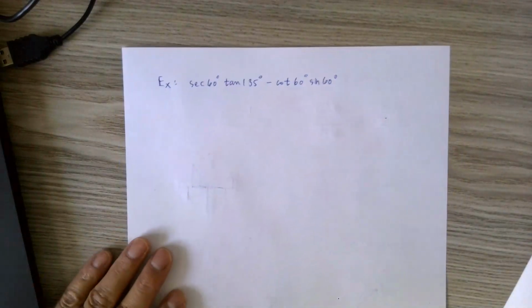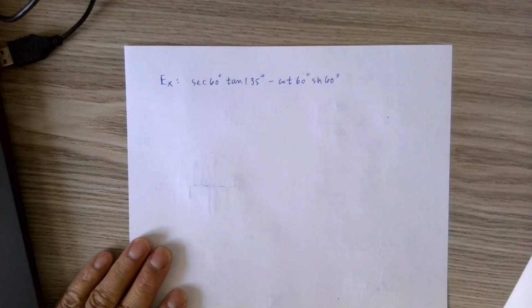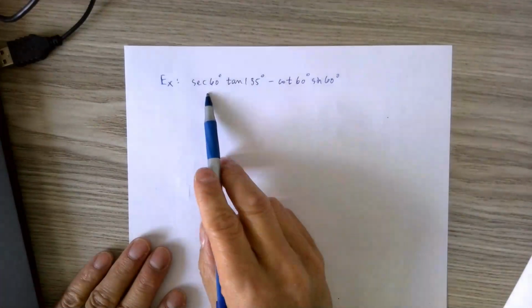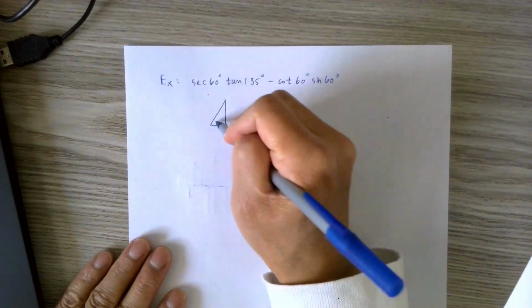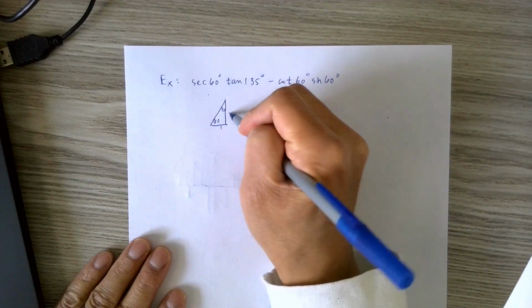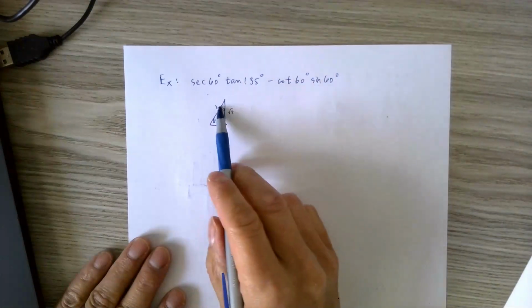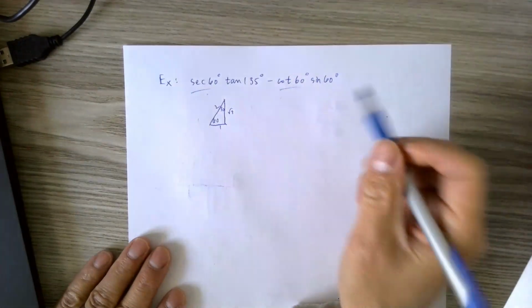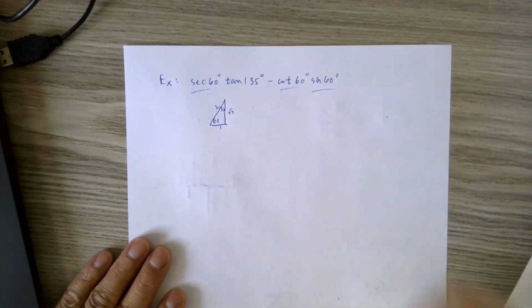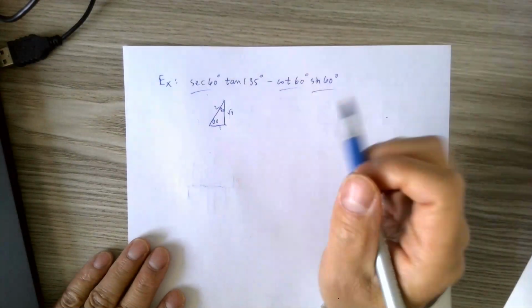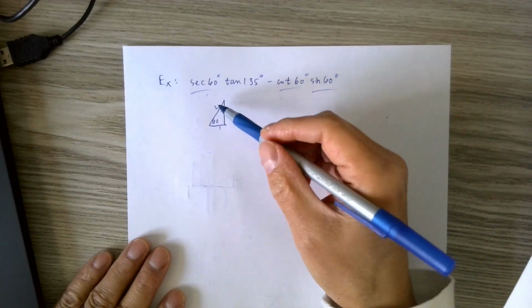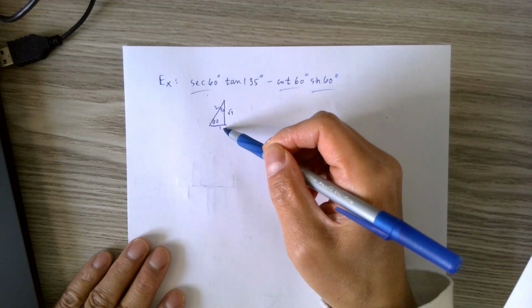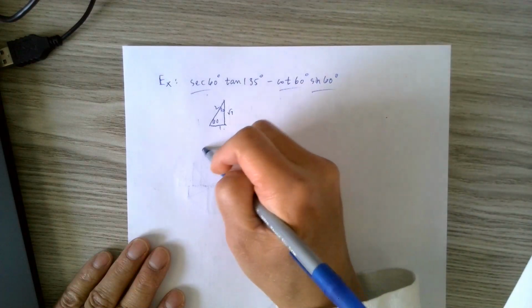Okay. I'm just going to draw the triangles in this case. I'm using 60 degrees 3 times, so I really need that one. That's in quadrant 1, 1, rad 3, 2. So I'm going to use this triangle to get secant, cotangent, and sine. Secant is 1 over cosine, so that's hypotenuse over adjacent, so that's 2.